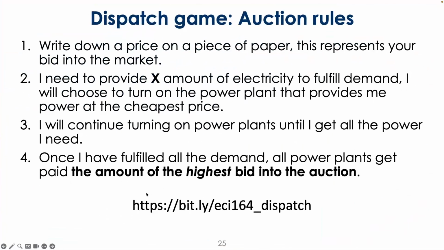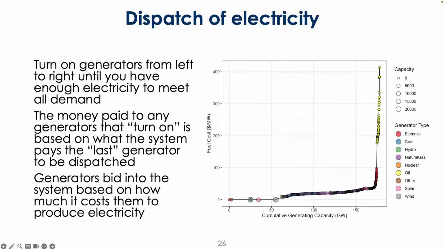Okay? So let me jump back to the slides. You can actually generate what's known as a dispatch curve, where we order all of the power plants in our system from left to right based off of how expensive it is to produce electricity. And that curve ends up looking something like this.